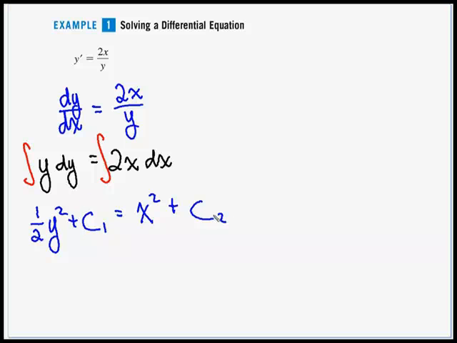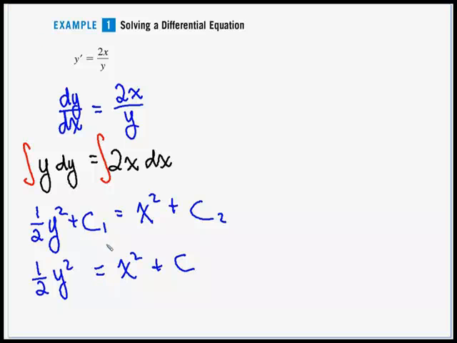They are different constants. We don't know what they are. If I subtract c1 from this side and from the other side, one arbitrary constant minus another arbitrary constant is just a third arbitrary constant. So I'm going to have 1/2 y squared equals x squared plus, we could just call it c sub 3. Or let's just call it c, because that's where we're going to leave it.